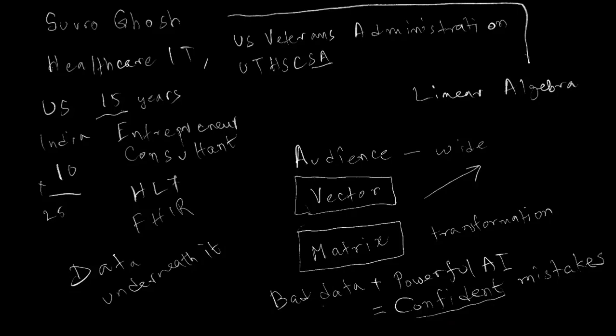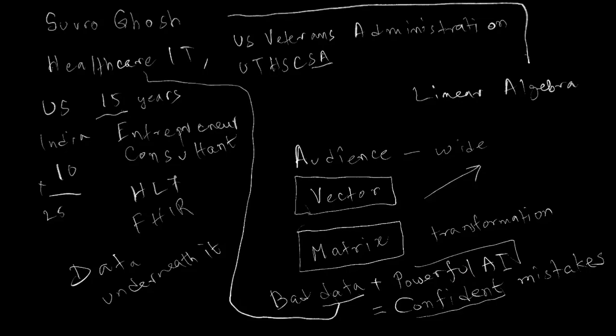But when we are talking about data belonging to healthcare, there is a problem, because that confident mistake can lead to worse outcomes for not just one patient, or a particular prognosis or treatment for one patient, but for an entire hospital or chain of hospitals where, for example, this powerful AI is implemented without understanding the underlying structure of healthcare data.